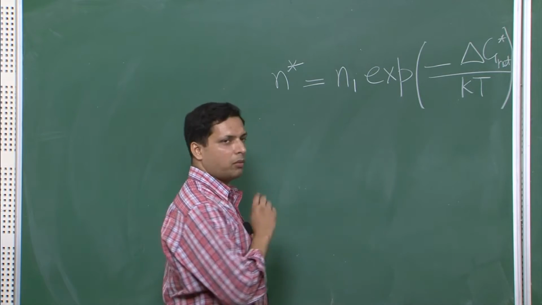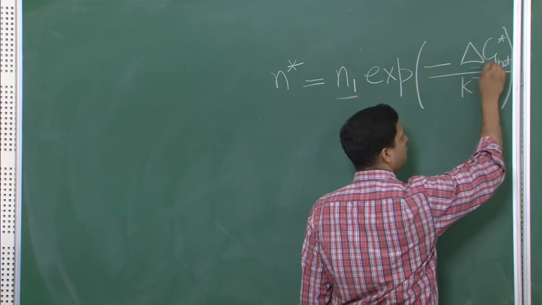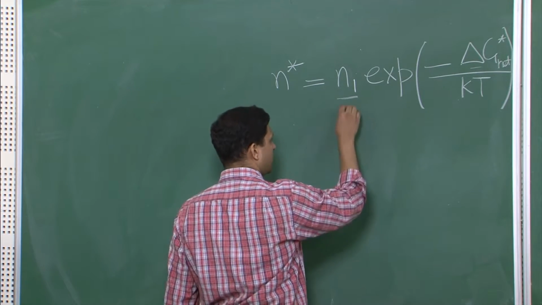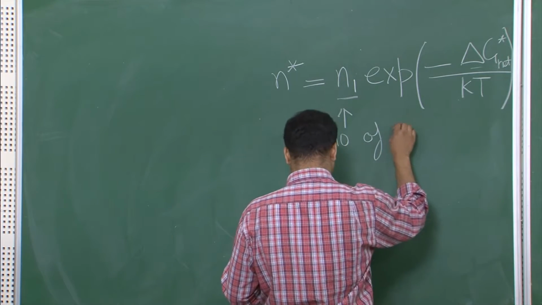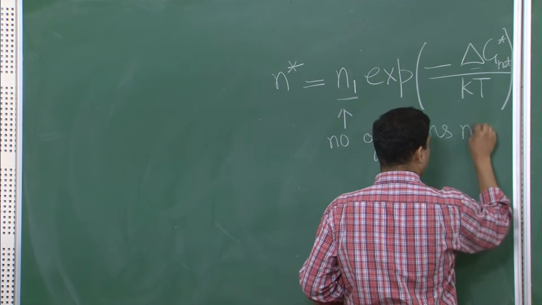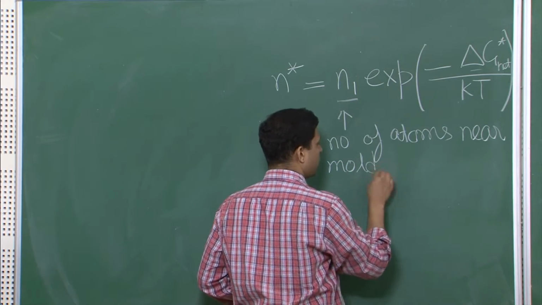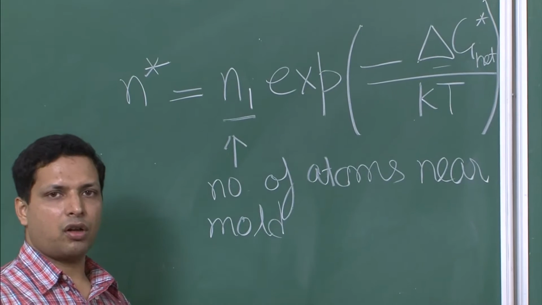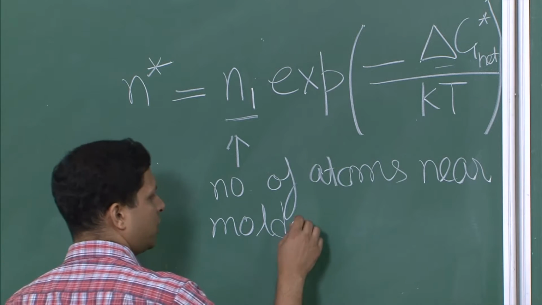So you see the form of the equation is the same; what is different is n1 and delta G. Now n1, as I said, is the number of atoms near the mold, and if you are talking about some other kind of heterogeneous nucleation, then it will represent the number of atoms in the vicinity which will contribute to that heterogeneous nucleation.